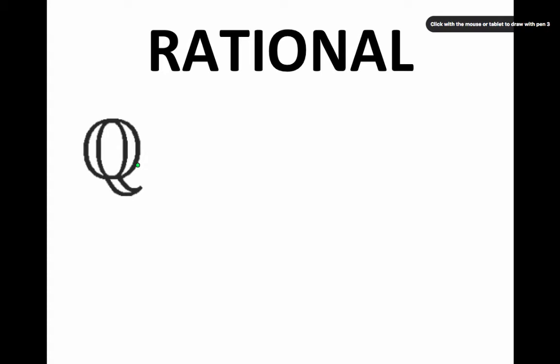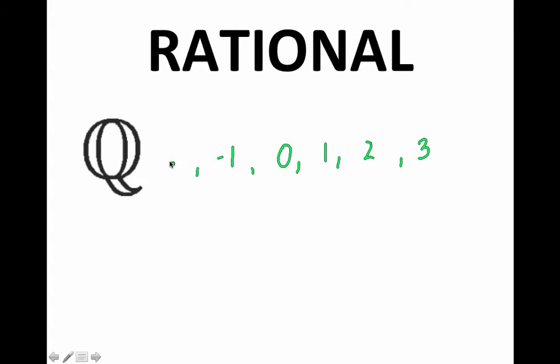The letter Q is used to represent rational numbers. And I think this letter Q comes from quotient, so we're talking about fractions here. So remember, rational numbers contain integers and natural numbers, so we're still talking about 0, 1, 2, 3, and then also the negatives, -1, -2, etc. But it's also numbers in between there, like 1/2 or 1.75 or even 2.5555.